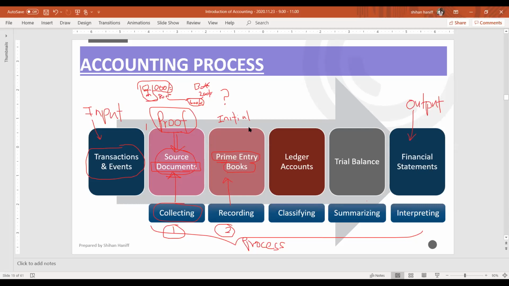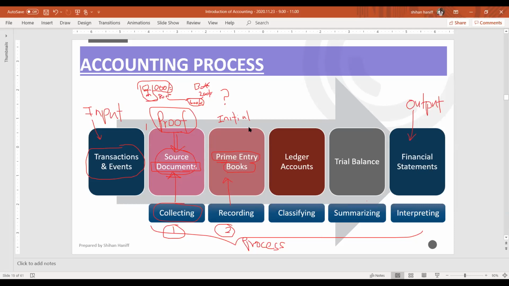Sales, you record separately in a sales book. Purchases, what you purchase, you record in the purchase book. All the cash receipts and payments, we record in the cash book. So likewise, we record them in the prime entry books.